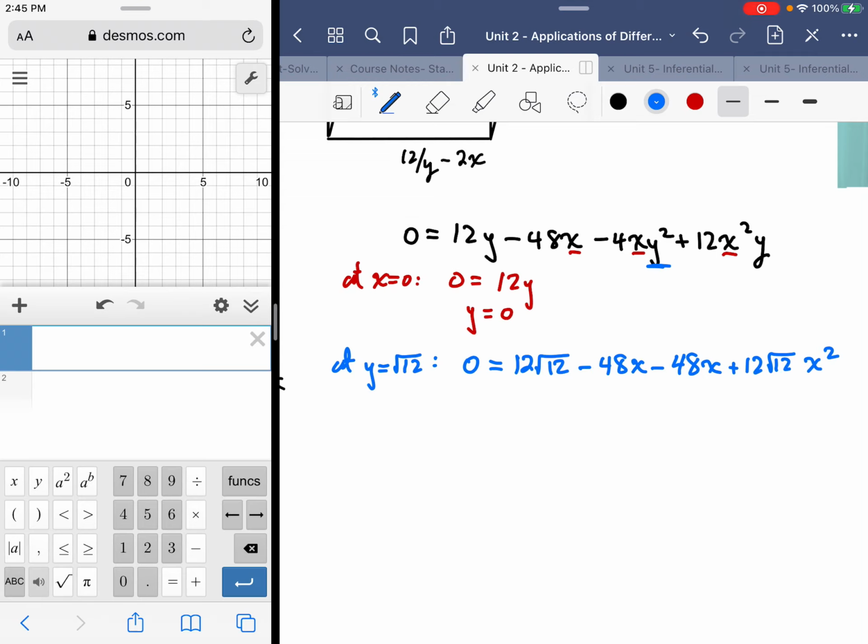All right, so we actually do have some common factors here, which make, call it like terms that can be combined, but it's not pretty. But it is something that's somewhat manageable. So let me rewrite: 12 rad 12 x squared minus 96x plus 12 root 12, whole thing equals 0.